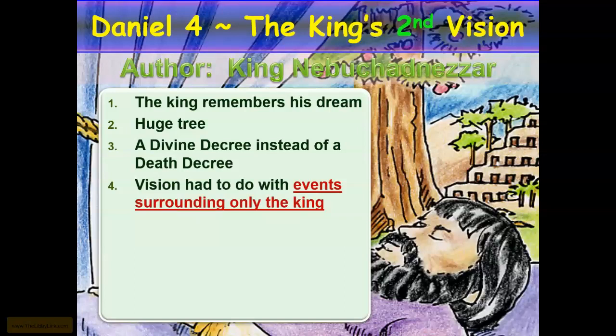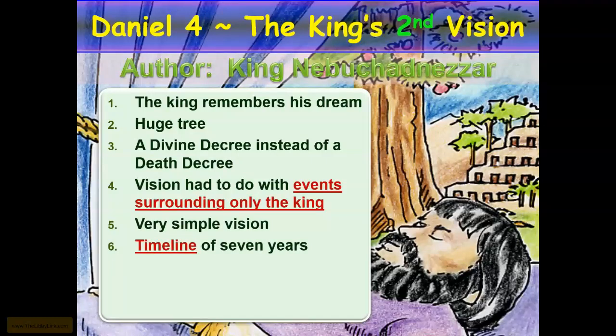This vision had to do with events surrounding only the king. It's a very simple vision, but with one extra detail, that being, it has a timeline of 7 years. In fact, it's the first vision in Daniel's book that records a timeline.